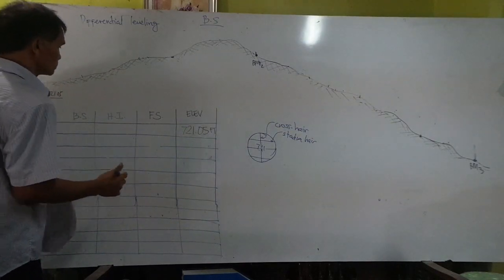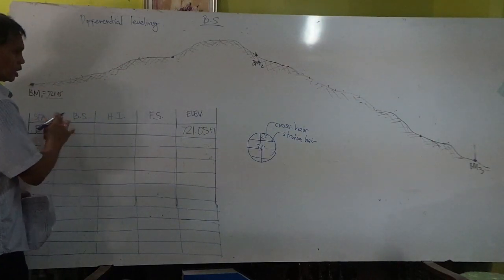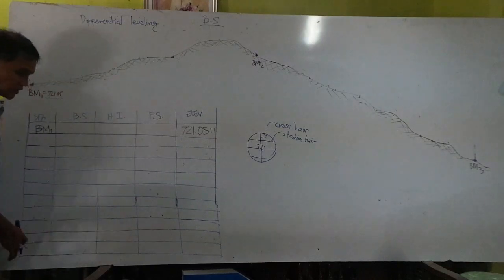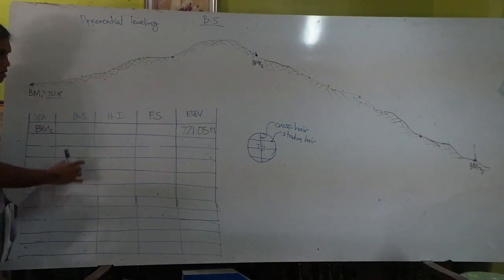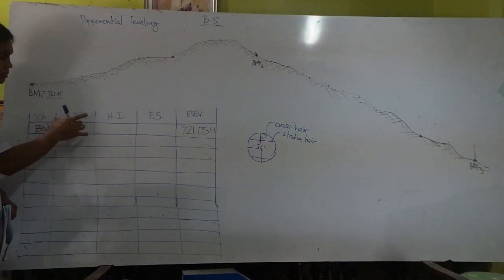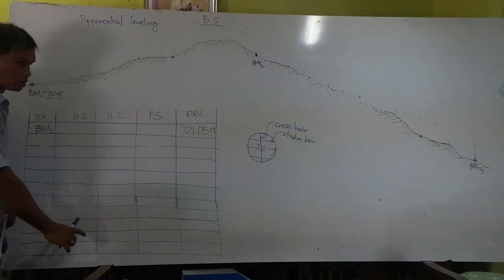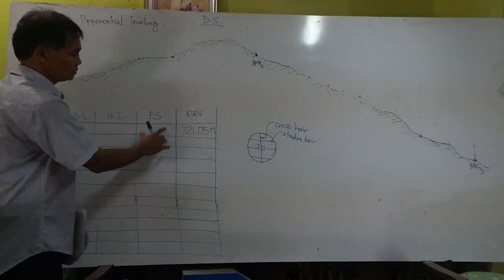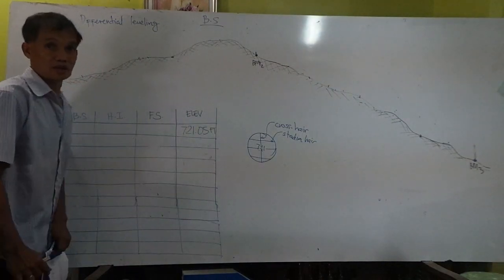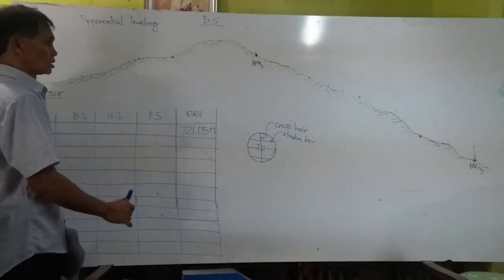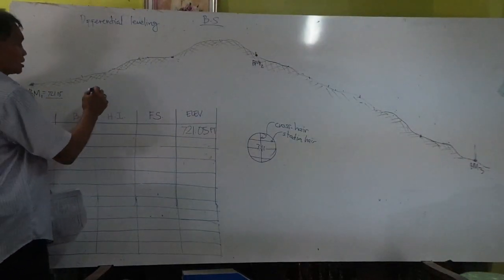You have the differential leveling notes, wherein you have the station or points, the backsight column, the height of the instrument column, the foresight column, then the elevation of that particular point. So let us now start.